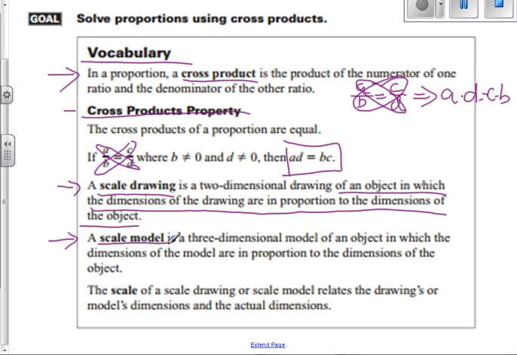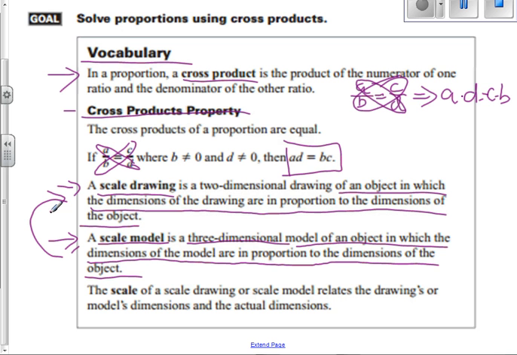A scale model, very similar to a scale drawing, is three-dimensional. So a scale drawing is two-dimensional, and a scale model is a three-dimensional model of an object in which the dimensions of the model are in proportion to the dimensions of the object. And then the scale, this is the scale factor I was telling you about.